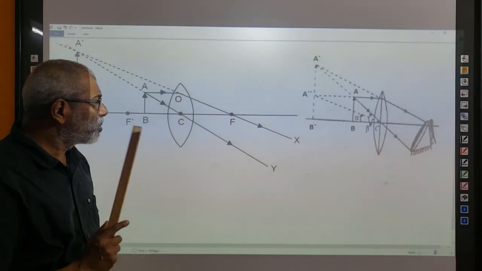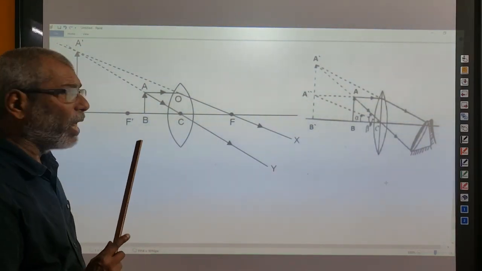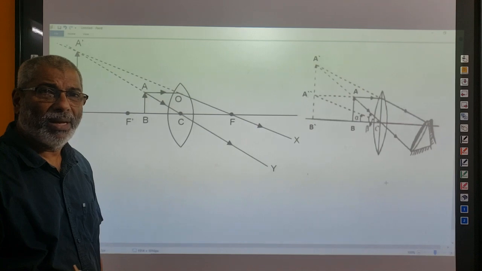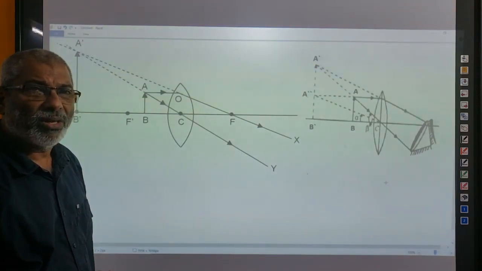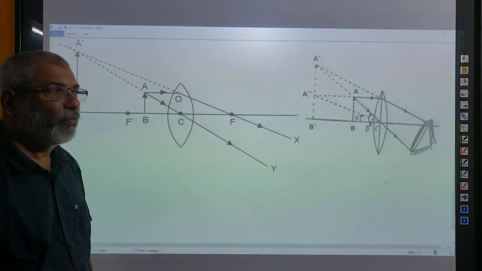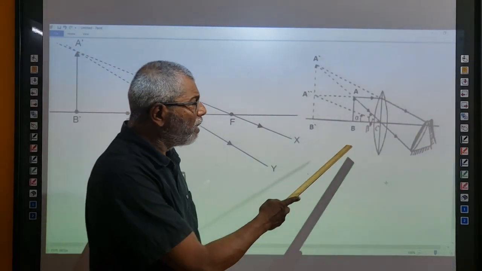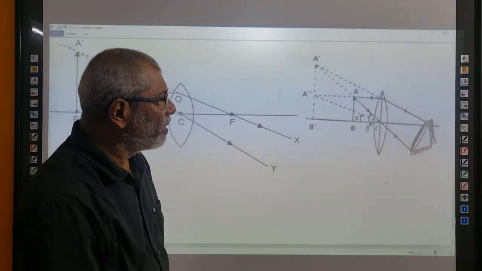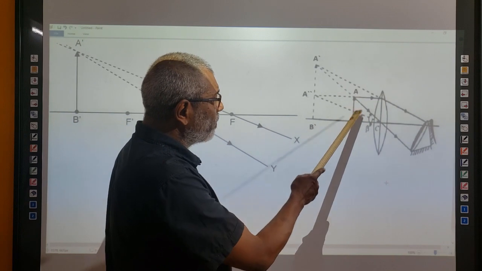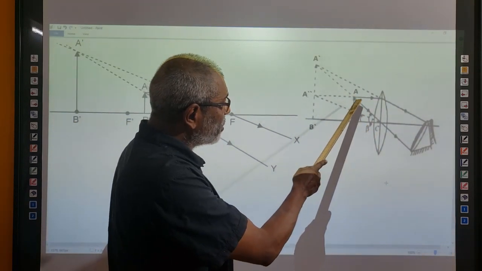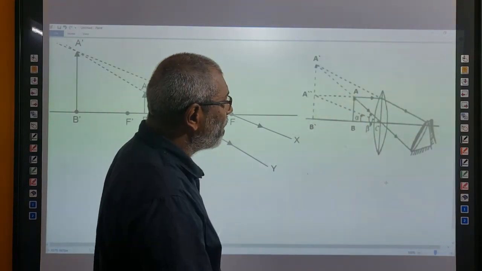So, in this case also we will explain how the visual angle is increased. That we are going to explain in figure number 2. See here, this is the object AB.